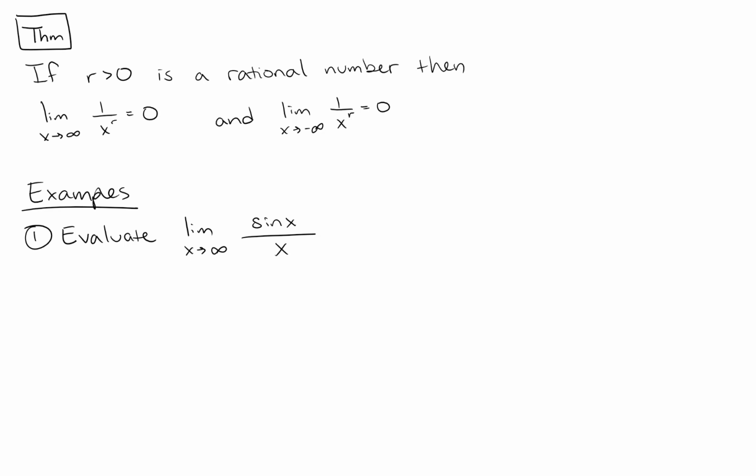All right, we are going to use our new theorem to help us evaluate this limit as x approaches infinity of sine of x divided by x. Well, if we try direct substitution, that doesn't make a whole lot of sense.